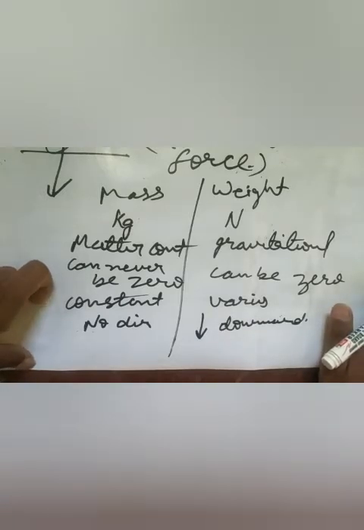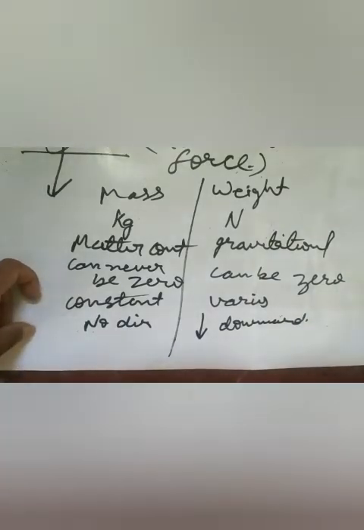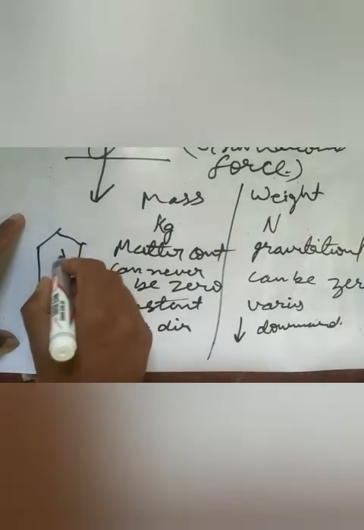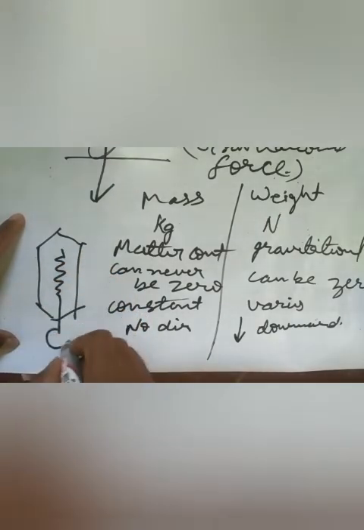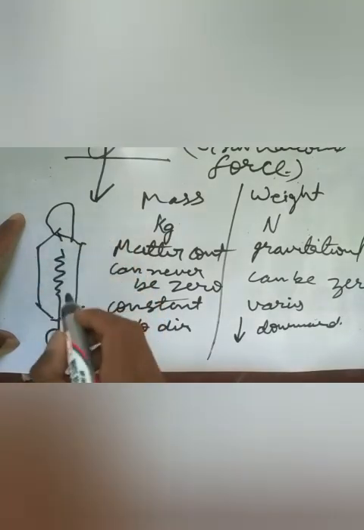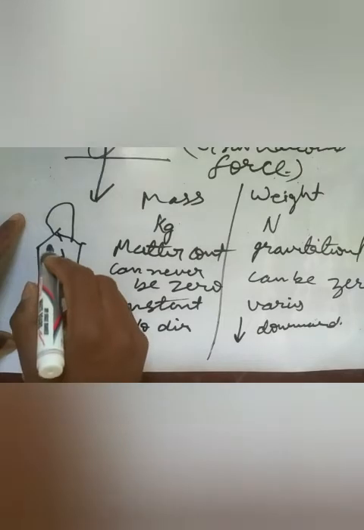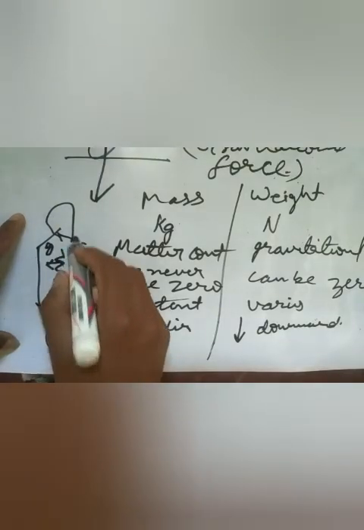Some people say that mass is measured by pan balance and weight is measured by spring balance. No, that's not true. In fact, I would say both mass and weight can be measured by spring balance. This is a spring balance, and if you have noticed, there is a hook, a hanger, and a pointer, and on one side it is written in grams, on the other side it is written in Newton.